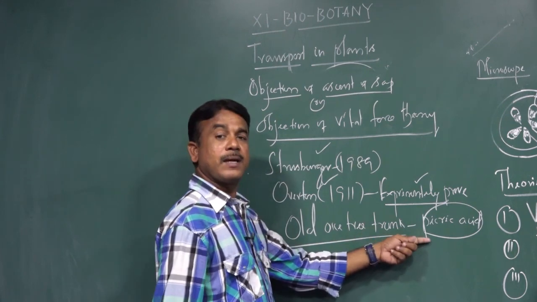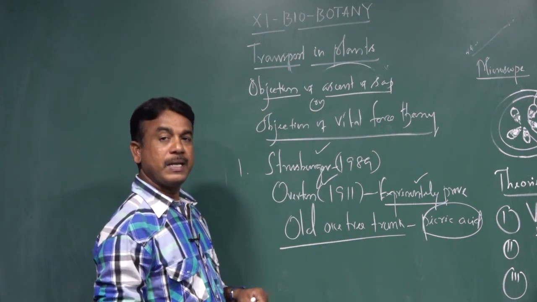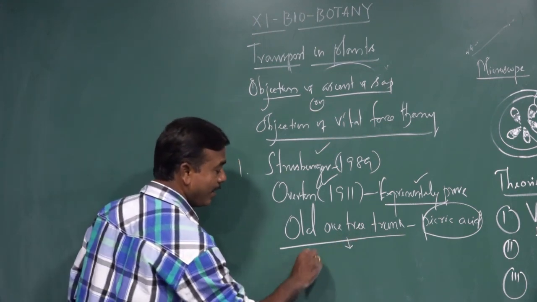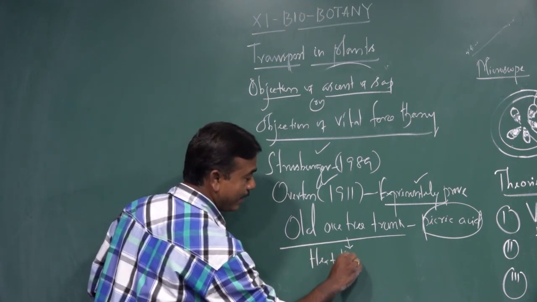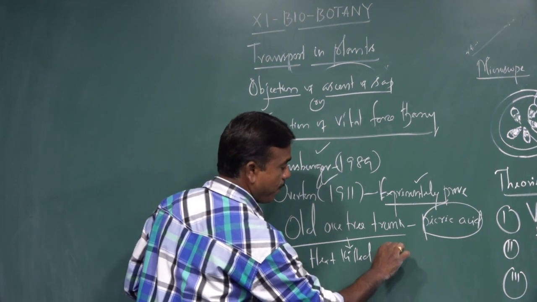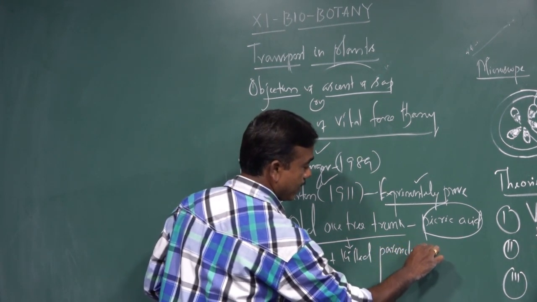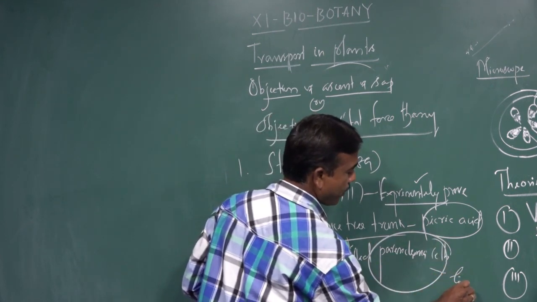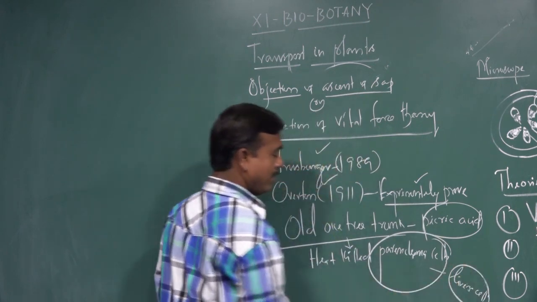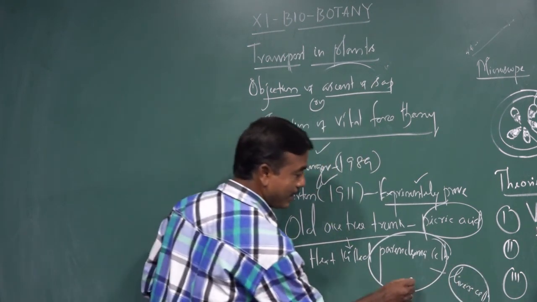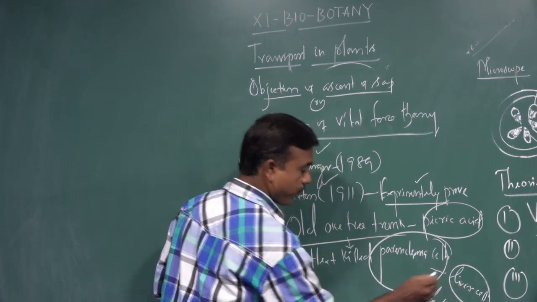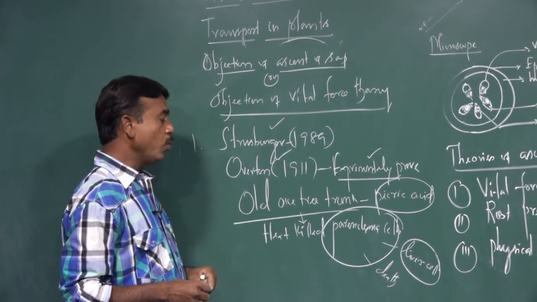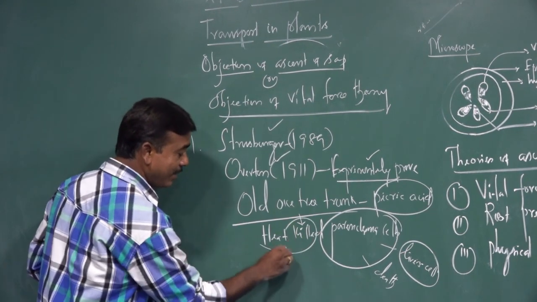After that, the trunk is heat treated to kill the parenchyma cells, because parenchyma cells are generally living, and the heat treatment leads to their death. After the high heat treatment, the old oak trunk is immersed in water.